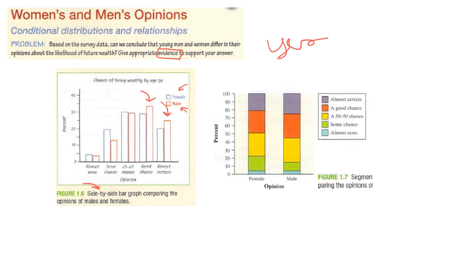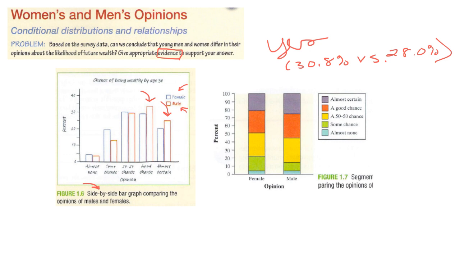Even if it's in parentheses, write the two values and compare them, for example, in a good chance, there's 30.8% of males versus 28% of females, not just stating more males or less females.